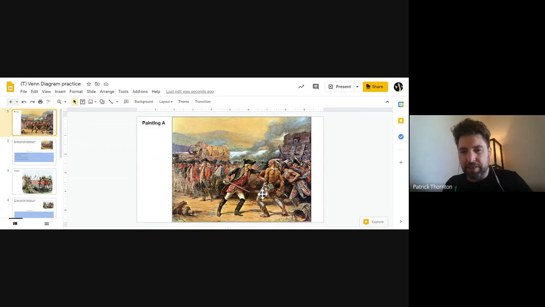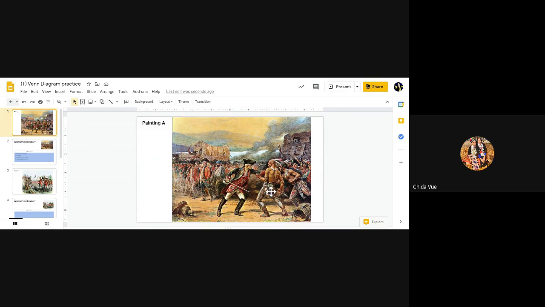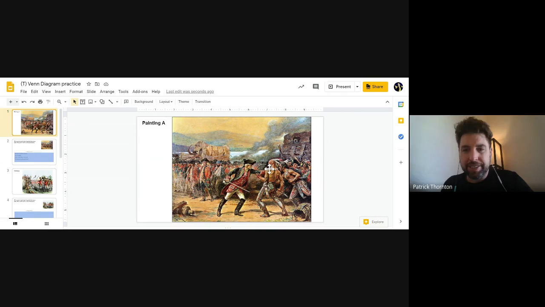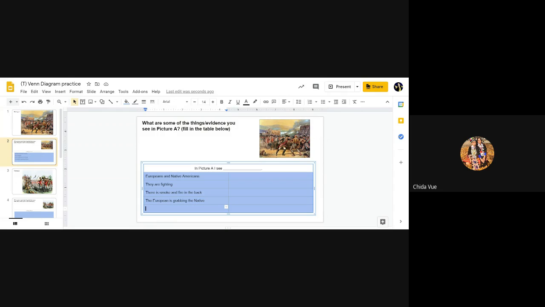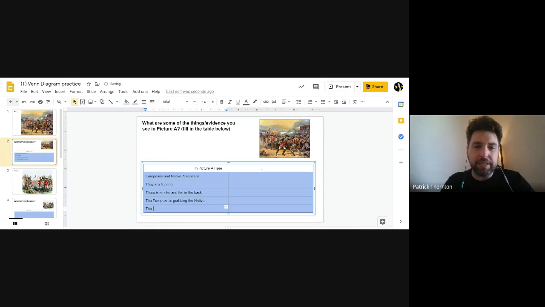And look at this guy. Does he look like he's fighting? Look at his position here. What's he trying to do? Is he trying to stay? So we might say the Native American is trying to get away, right?